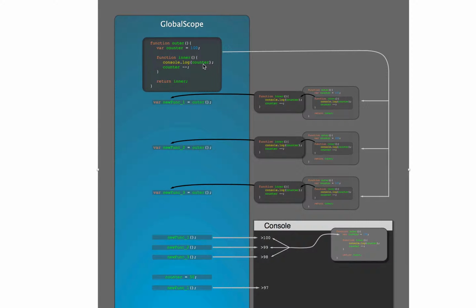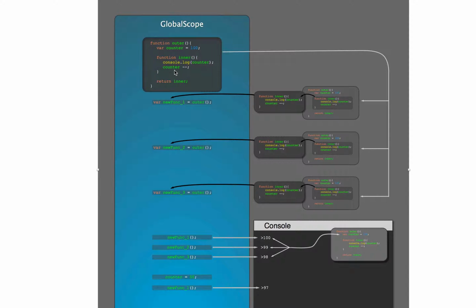So it prints out the value of this counter variable, which I've arbitrarily set to 100. So it logs that out, and then it decrements it. That's that minus minus. It just subtracts 1 from that. And so that's this whole inner function body.